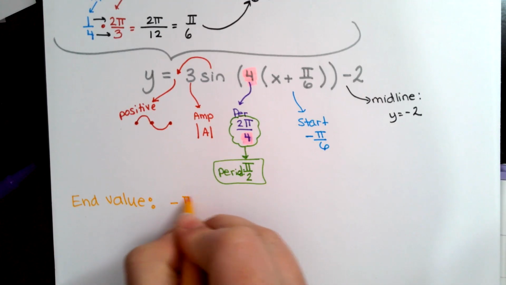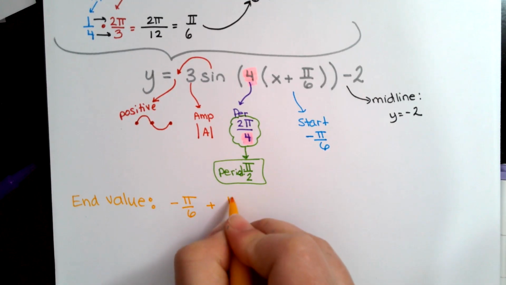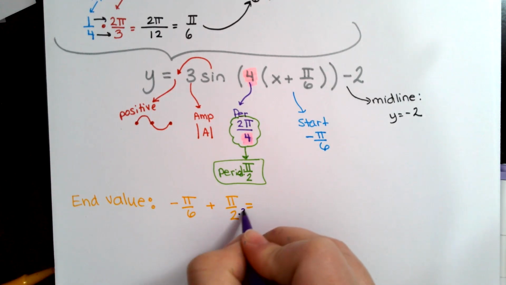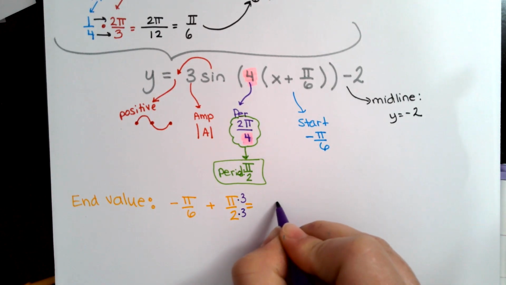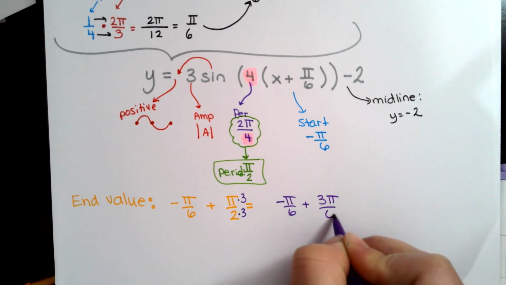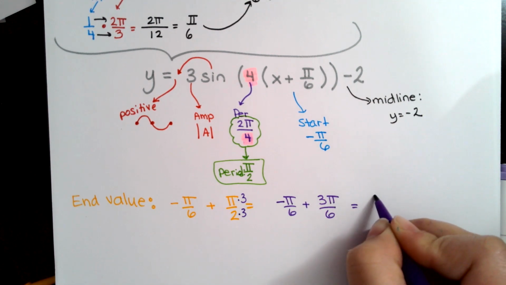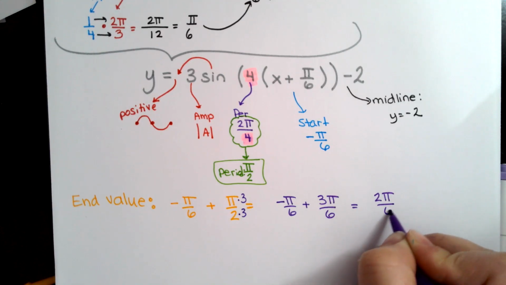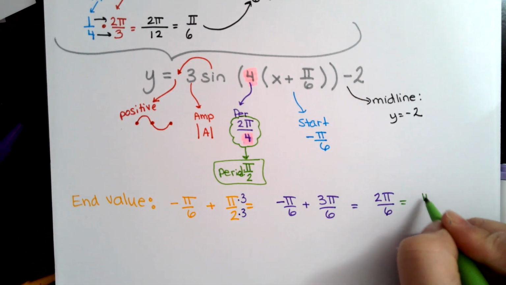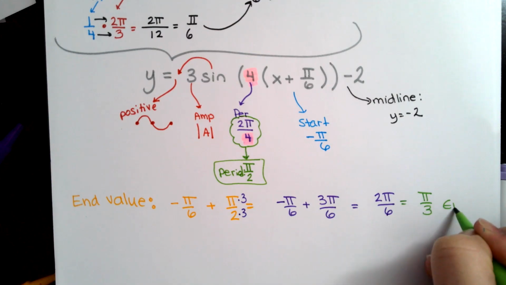So start is negative pi 6 plus our period of pi halves. Common denominator, so I'm going to multiply top and bottom by 3. So it means negative pi 6 plus 3 pi 6. We have an ending of 2 pi 6. And simplifying that to pi thirds.